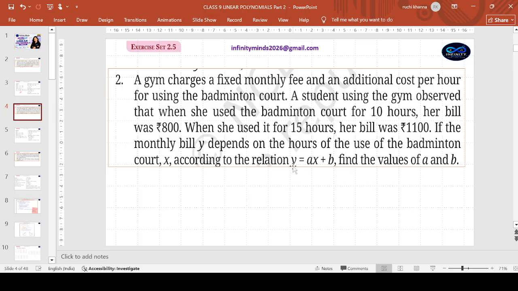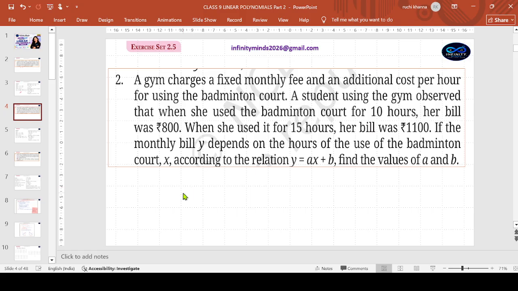X is the number of hours one is using the badminton court and Y is the total bill being paid. So what are A and B after all? A is the charge for the badminton court, and B is the fixed charge, the gym monthly fixed fee.